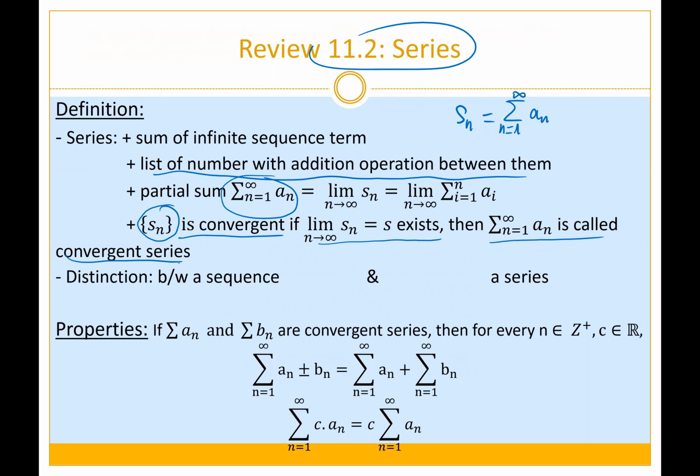The distinction between a sequence and a series is that a sequence is just a list of numbers. It can have a rule, or it can have no rule at all, and the terms don't have any additional operation between them.